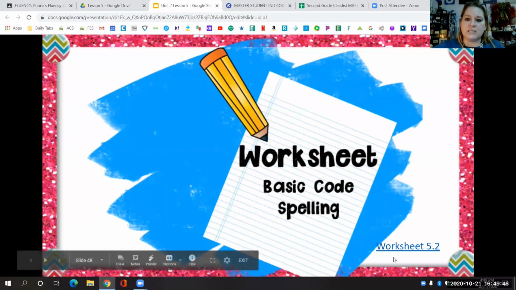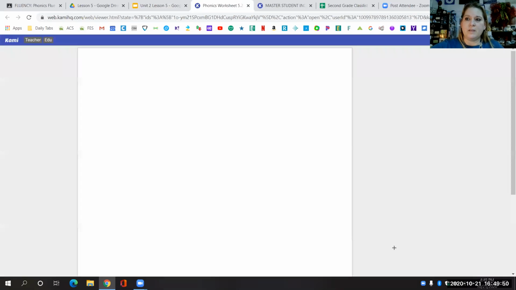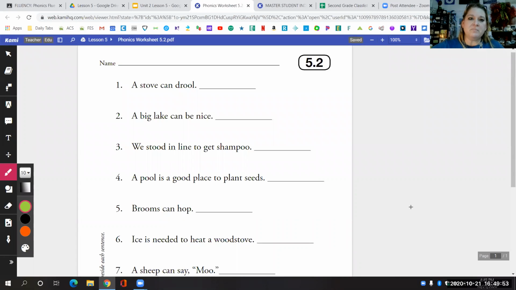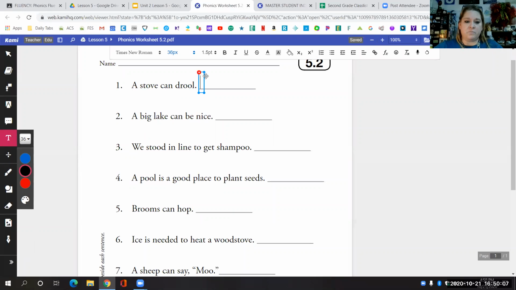All right, so in today's work, you have a worksheet to do. It's worksheet 5.2. Okay, so this is super easy. You're going to read the statement, and you're just going to tell me yes or no if it's true. A stove can drool. Yes or no? Can a stove drool? No. So you're going to write no. You're going to put a text box there and write no. A big lake can be nice.